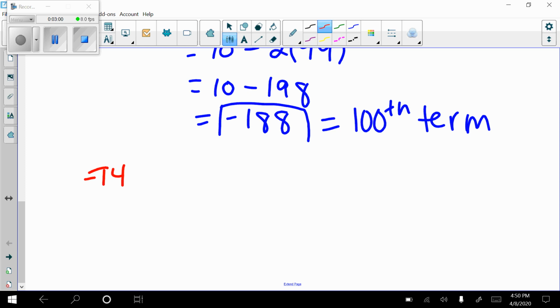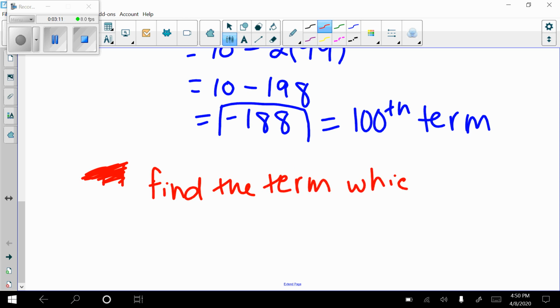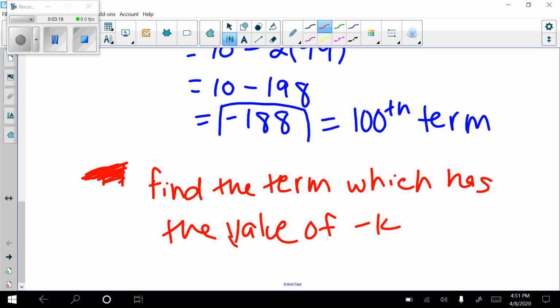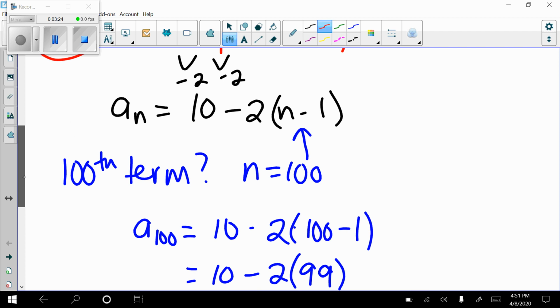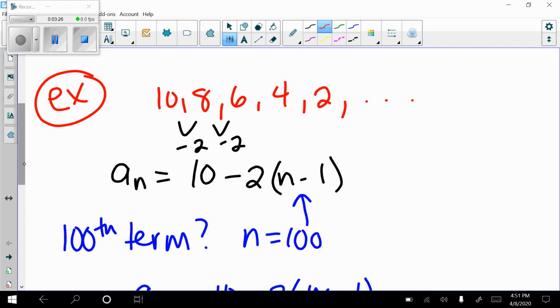So the question would be, find the term which has the value of -14. That just means I'm telling you -14 is in the sequence, but you have to tell me which term the -14 is in the list.